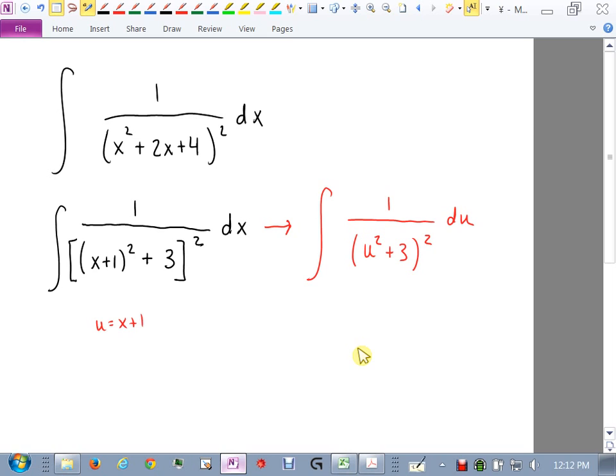Now what? It's not arctan, right? Because it's squared. You mean go to 2 separate ones? Yes, but then you can't say arctan for each one, because remember, that can't undo the product. I'm going to give you a hint, but it's probably going to give it away.